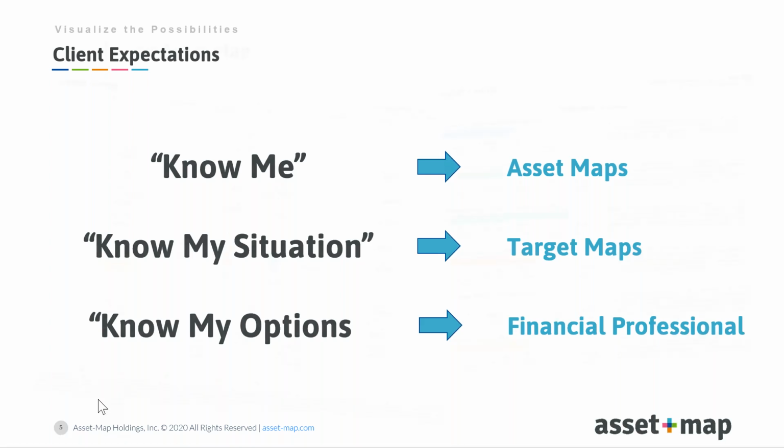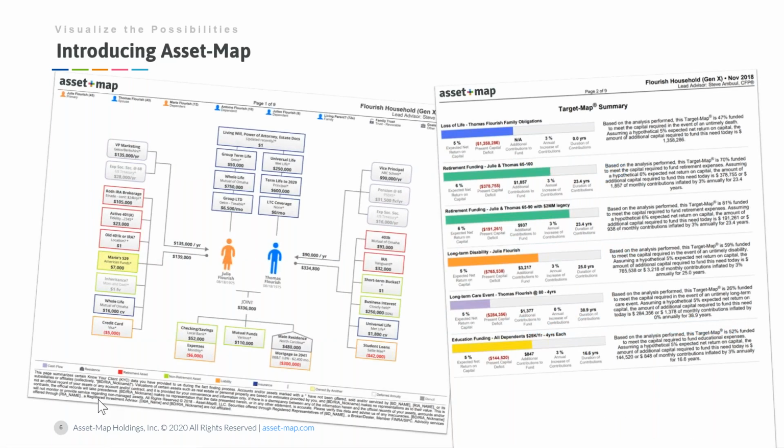Now, one of the best things that you can do when it comes to introducing asset map for the first time, the best practice that we recommend, is that you have a sample of what your process and experience is going to be. So have sample clients ready that are related to the demographic that you're working with. Take a look at your book of business. Do you find that most of the folks that you work with all fall under one occupation?